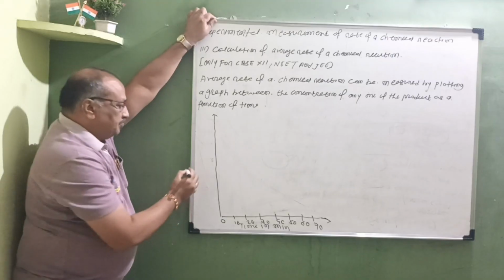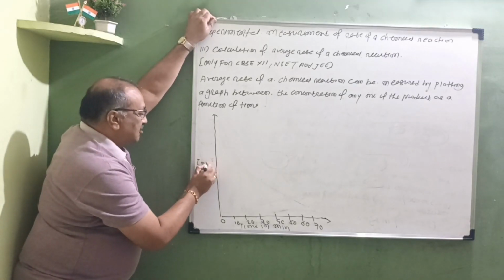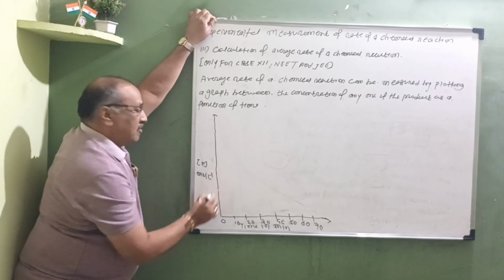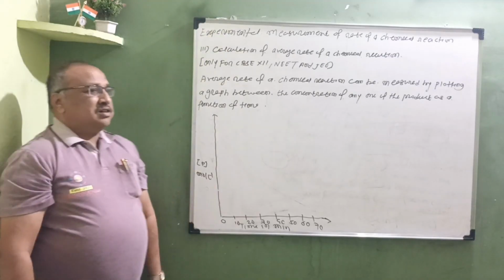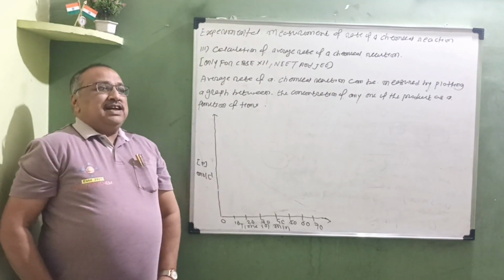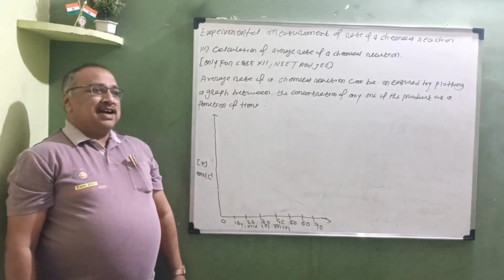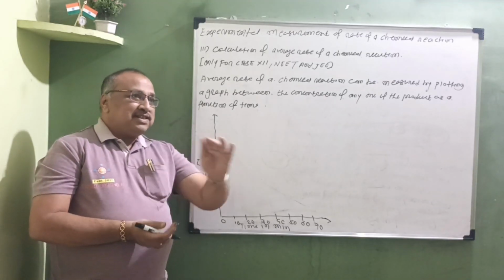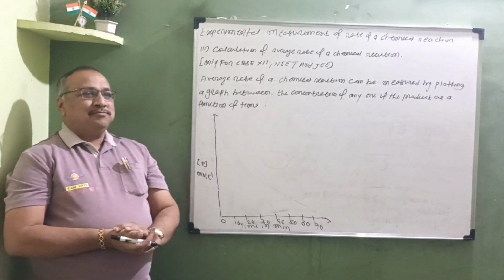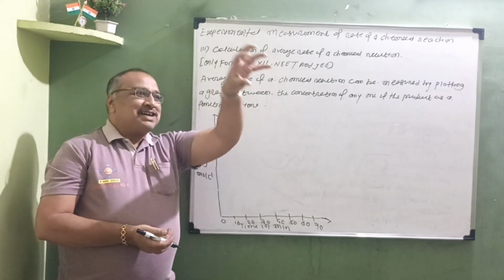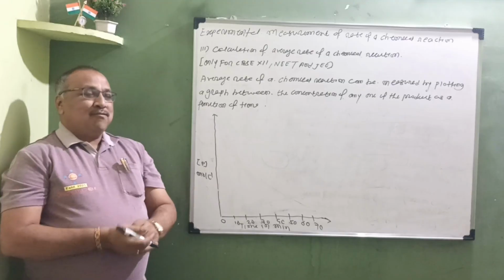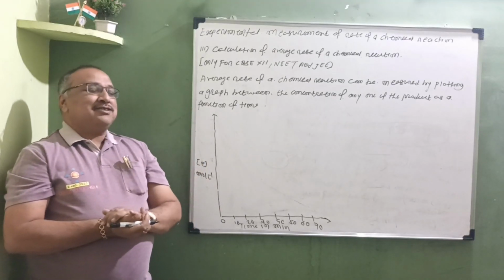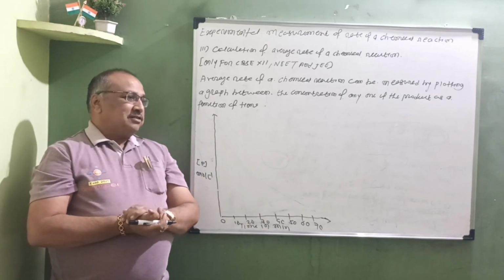Here write down concentration of product in mole per liter. Now let us observe, during any chemical reaction, reactants are converted into product. That means reactants disappear, that is concentration of reactant decreases, while the products appear. That means the concentration of product goes on increasing.